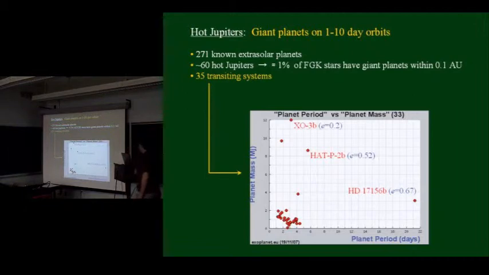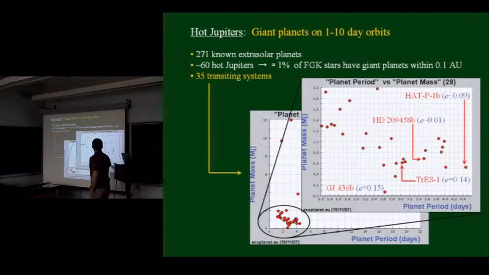But these three, the ones with the largest eccentricity, are also on longer orbits, 20 days or so. But in that group down in the lower right or lower left, you have 4 more cases with eccentricities that may be on the order of 0.1.